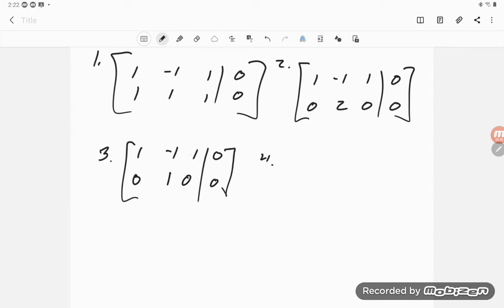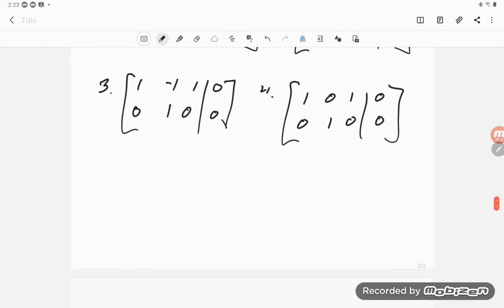And finally, again, we'll add the second row to the first row, and we get 1, 0, 1, 0, 0, 1, 0, 0.